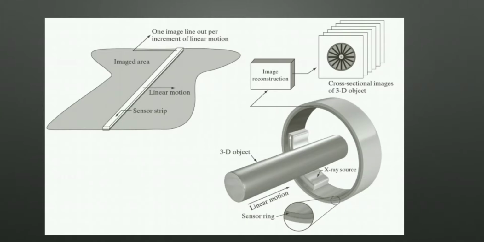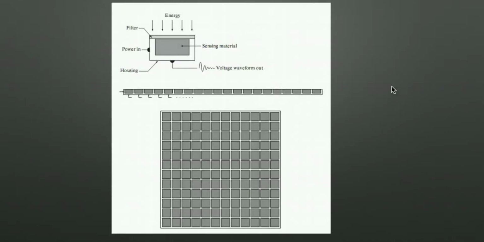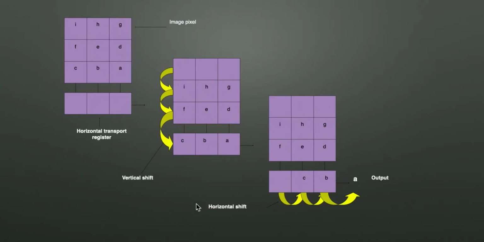Like I said, in the previous slide I showed you the line sensor. How exactly this line sensor works is shown over here. An image basically is represented in the form of a matrix. I will go into this depth later, but for now just assume that the matrix is a representation of an image. Each pixel over here has a certain intensity, which I will be explaining to you.